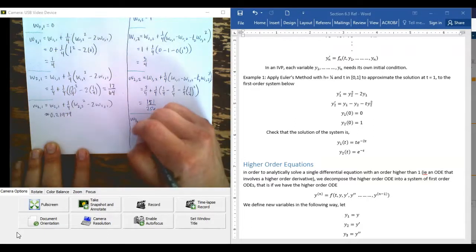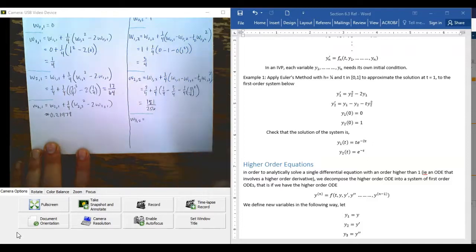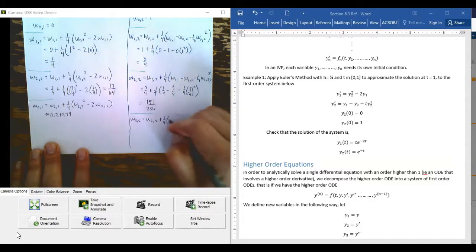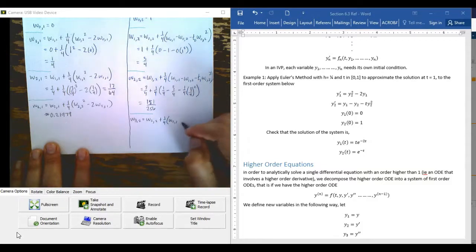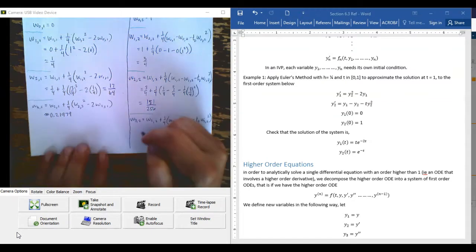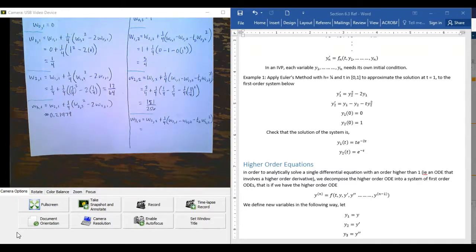So W32, what would that be? That would be W22 plus 1/4 times W21 minus W22 minus T2 times W22 squared. Let's see what we get when we plug in these values here.